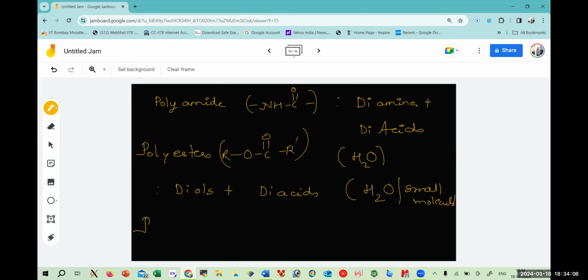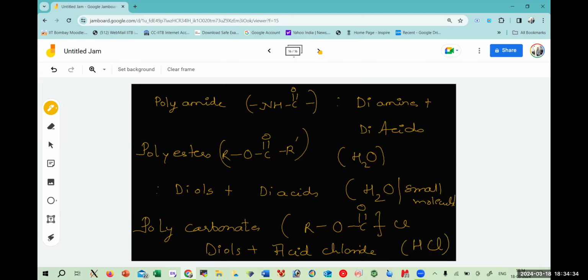And if we want polycarbonate, which is also R O C double bond O, and several examples here, you can get it from diols plus acid chloride, and the side product would be your HCl. So this is about your classification of the condensation polymers.